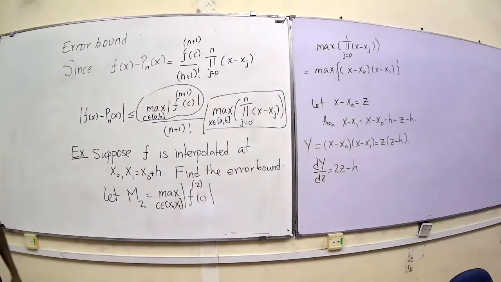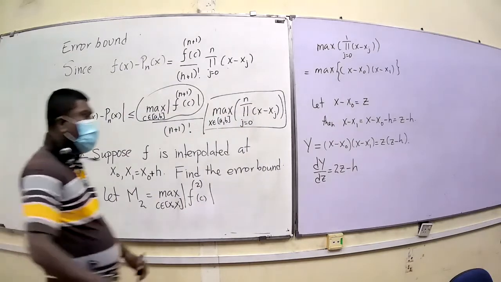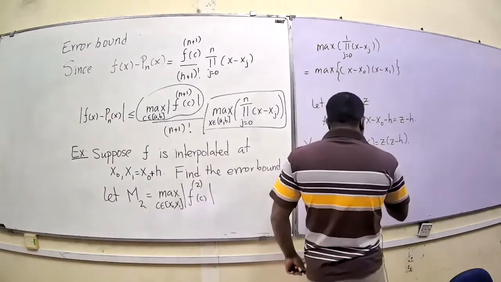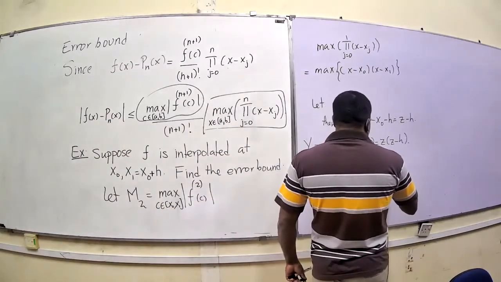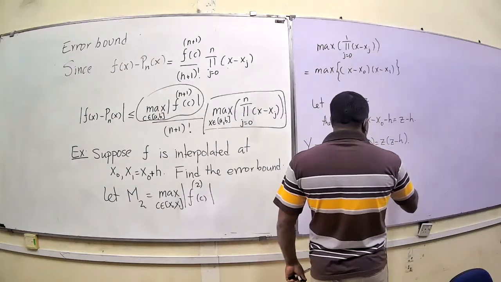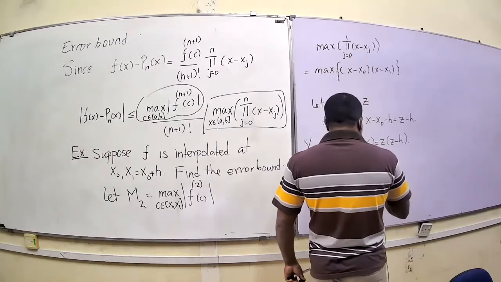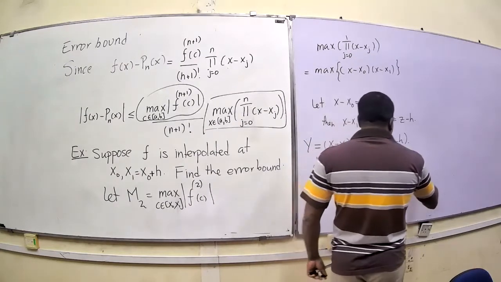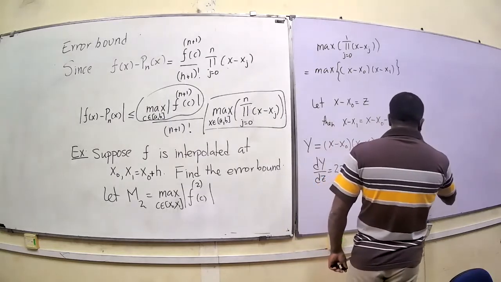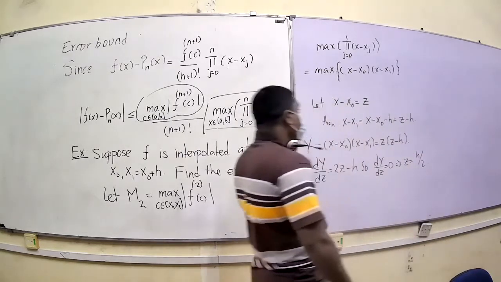And the derivative of this function is 2z minus h. So from this, dy by dz is equal to 0, which implies z is equal to h over 2.